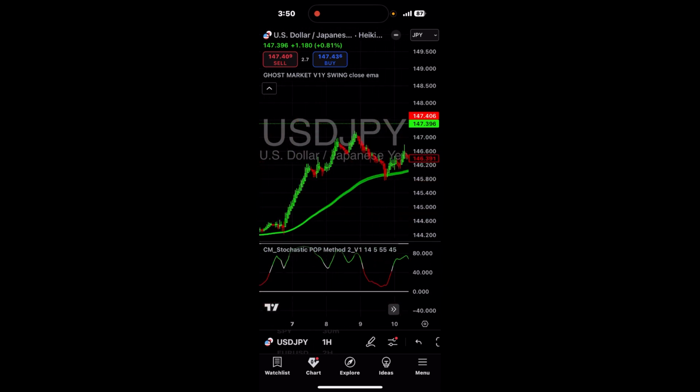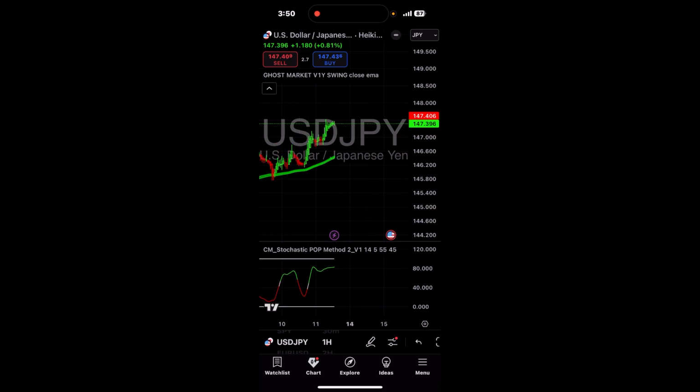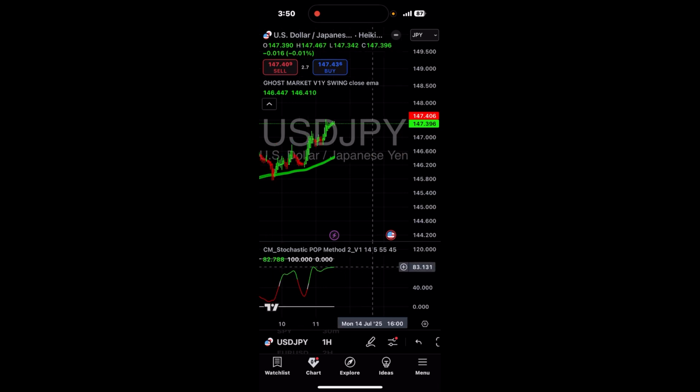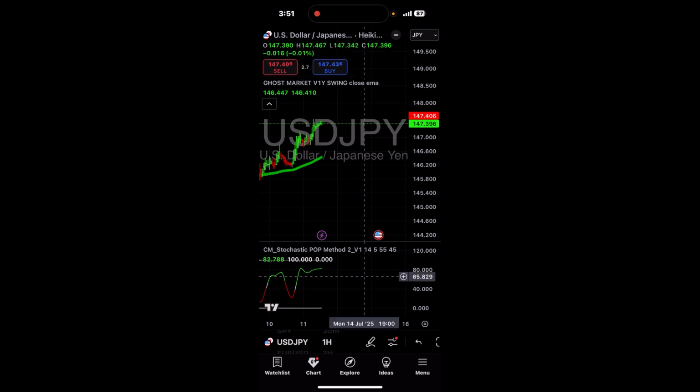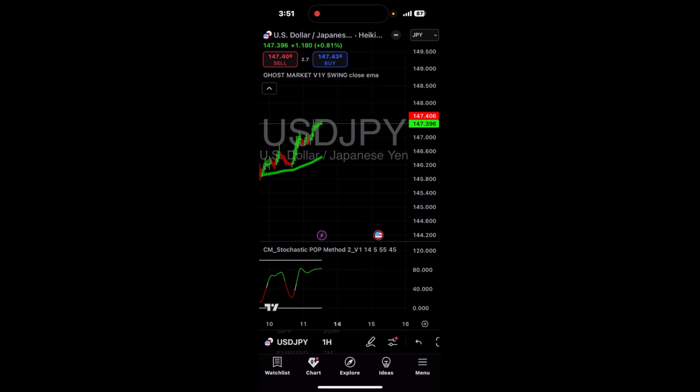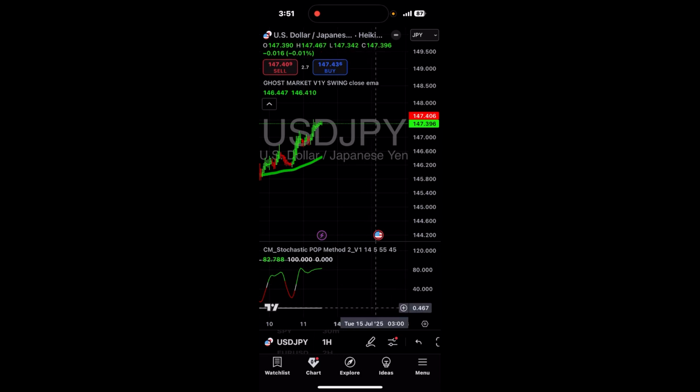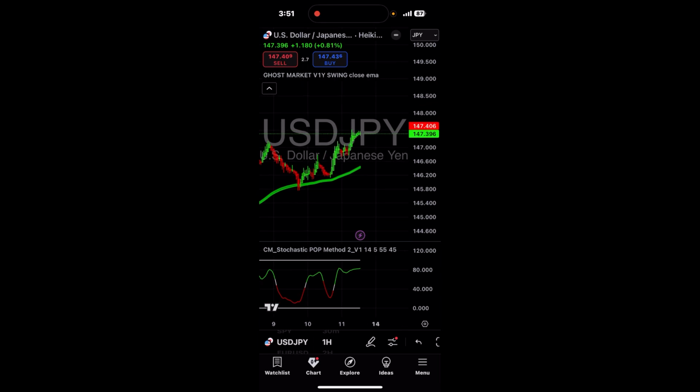If you go way back, you can see that it never goes past that line, which means when this line gets close to 100, it usually means there's going to be a pullback soon. When it gets close to this top, it usually means there's going to be a little bit of a pullback. Whenever you see this line getting closer to down here, you'll know it's going to start going up.